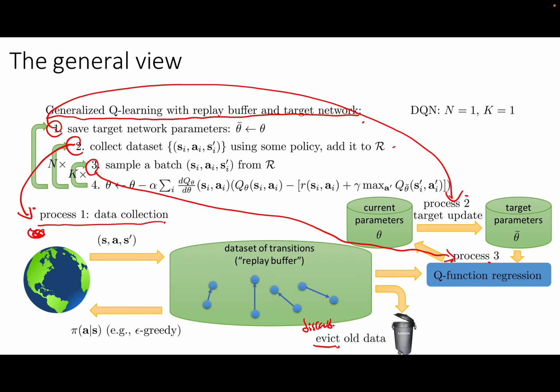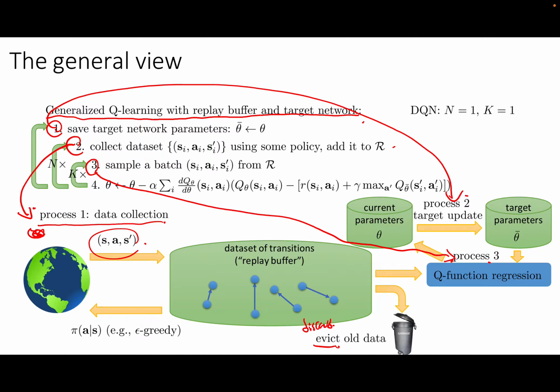We just try to collect some data set, right? We have an initial state, we take some action from random action or epsilon greedy action, anything, and then we have an updated state. So we collect some data and store it in our replay buffer. That becomes our training set.